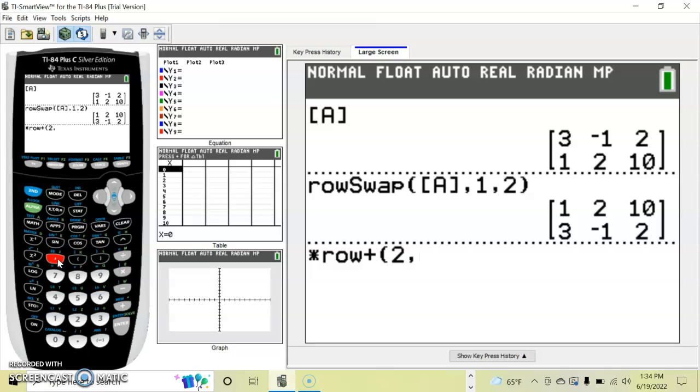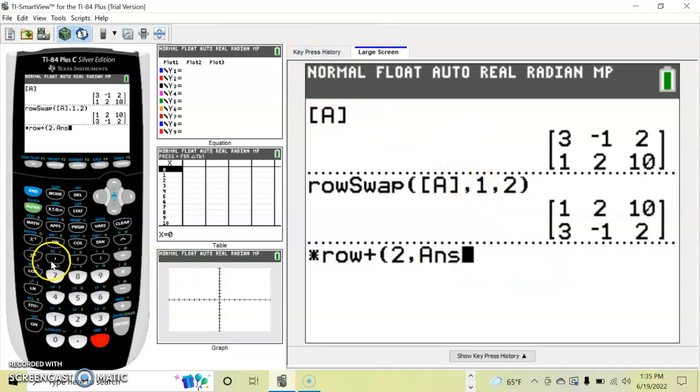I'm not going to call up matrix A again because matrix A is this, and I want to do this command on the matrix that I swapped. So in order to do that, I go here and I hit second and then the minus sign to get answer. And that will call up the matrix from the previous entry and not the original matrix.